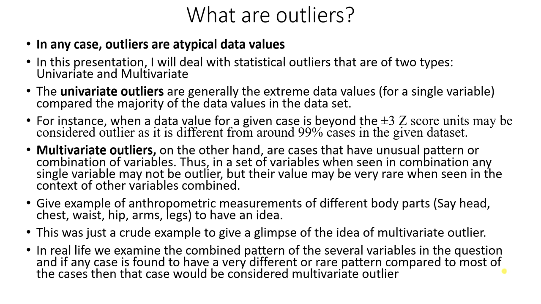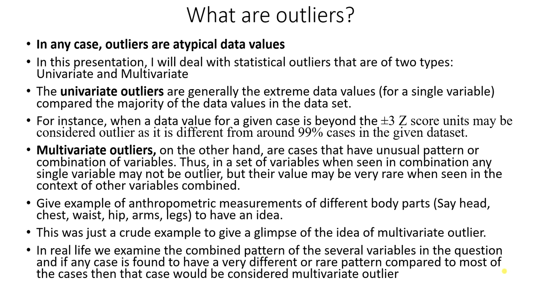On the other hand, multivariate outliers are cases that have an unusual pattern or combination of variables. As the name suggests, in multivariate outliers we do not do multiple univariate outlier analyses.